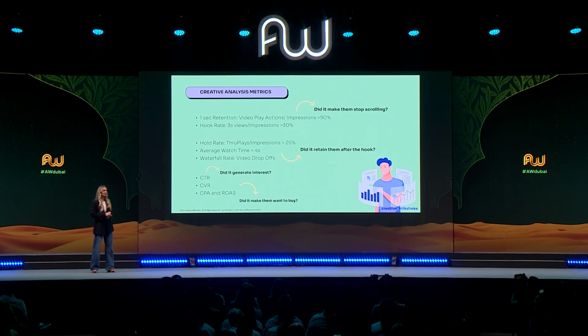So let's talk about creative analysis. You've created your ads, you set them live in your ad account, and they've started running. How do you determine if an ad is working and why? And if an ad is not working, how do we go about fixing it? So these first two metrics, the first-second retention, which is the video play actions divided by impressions, is one that I always look at first.